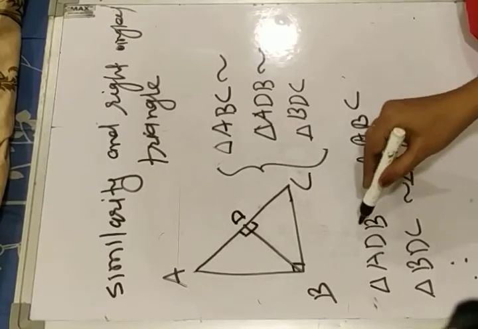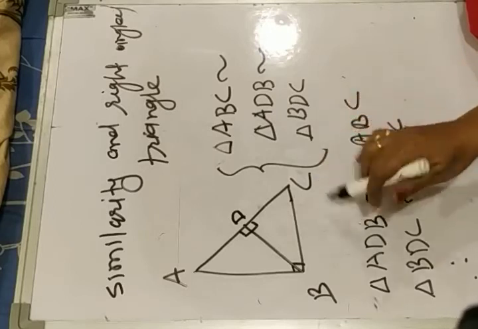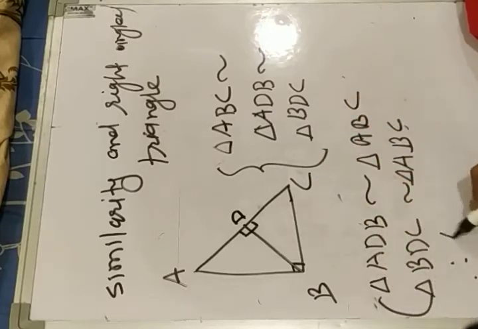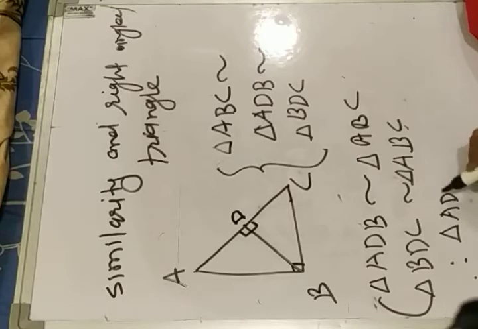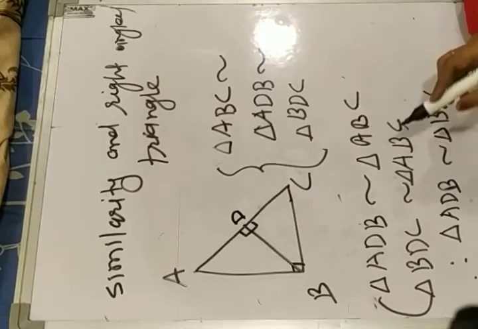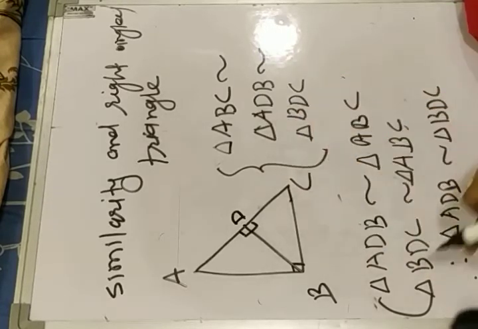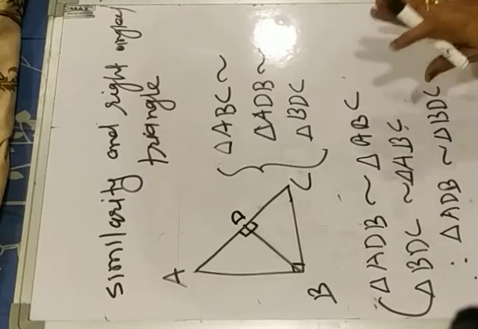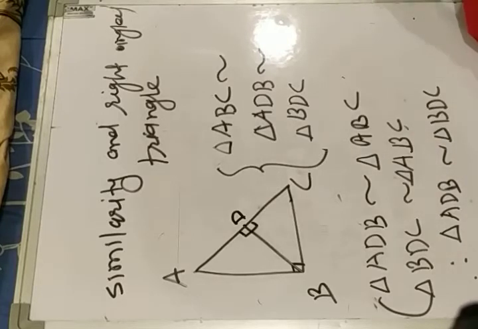Therefore triangle ADB is similar to triangle BDC, and also similar to triangle ABC. Means all triangles are similar to each other. This is the similarity in right angle triangles.